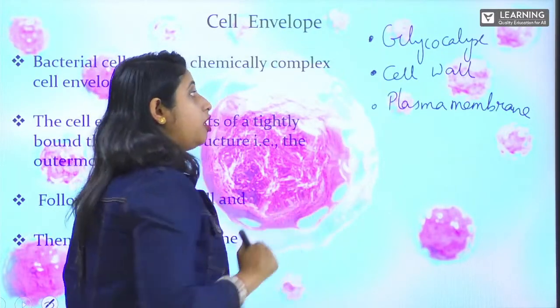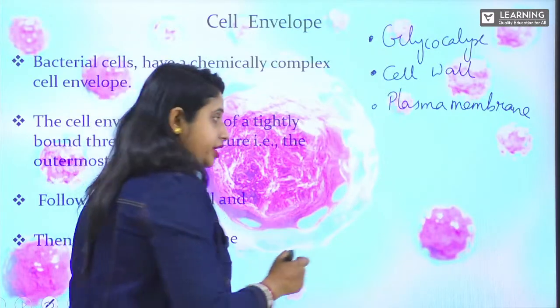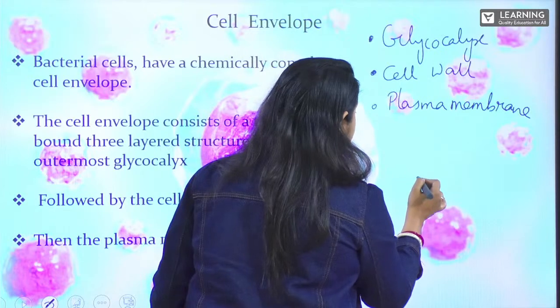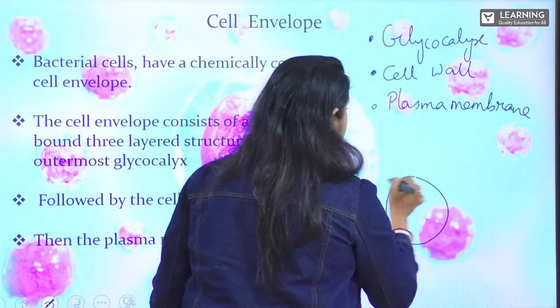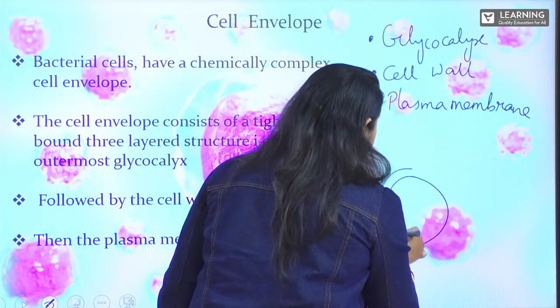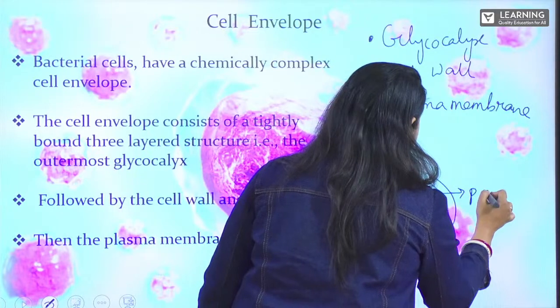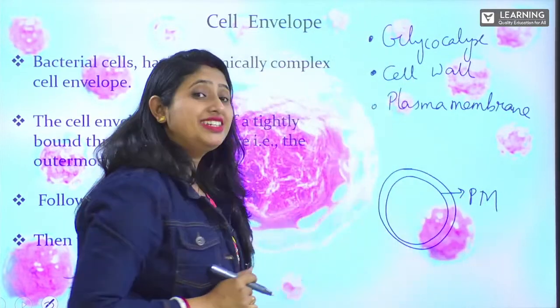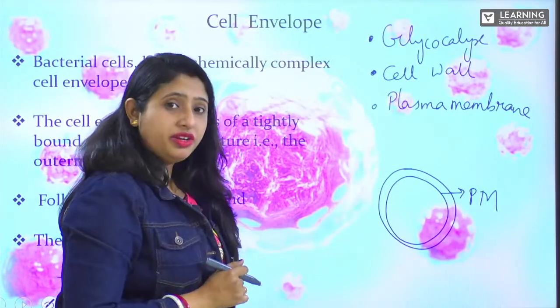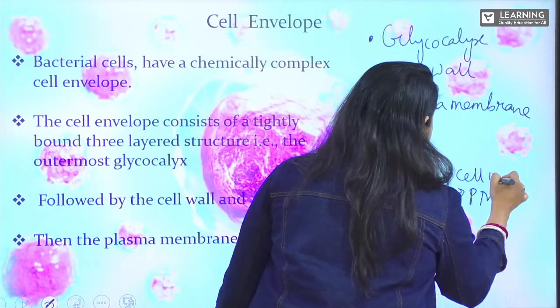Now, how are the glycocalyx, cell wall and plasma membrane arranged? If this is the cell of the prokaryote or the bacteria, the plasma membrane will be the inner layer. Then on top of the plasma membrane is the cell wall.